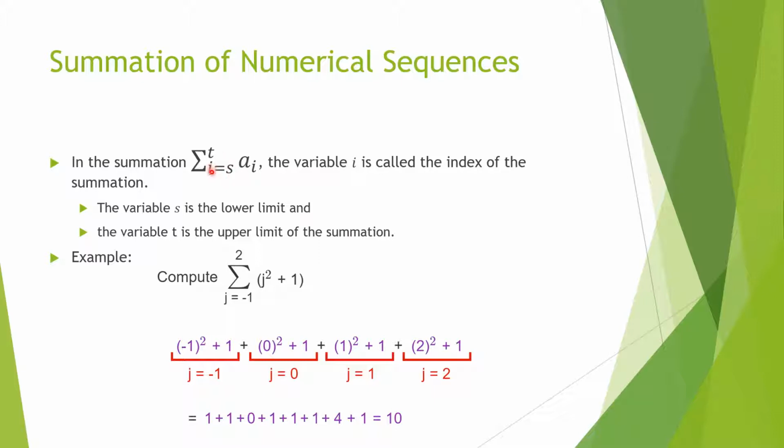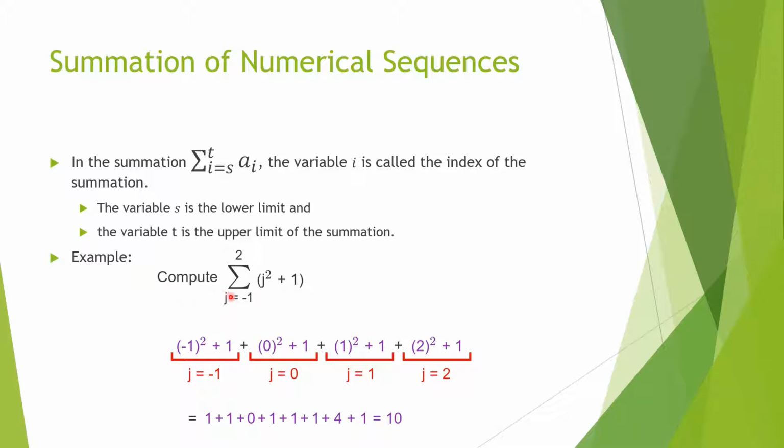And when i varies from s to t, we generate different terms of this sequence a_n, and after generating all of those terms, you add them all together to calculate this summation. So in this summation, variable i is called the index of the summation. The variable s is the lower limit, and variable t is the upper limit of the summation.